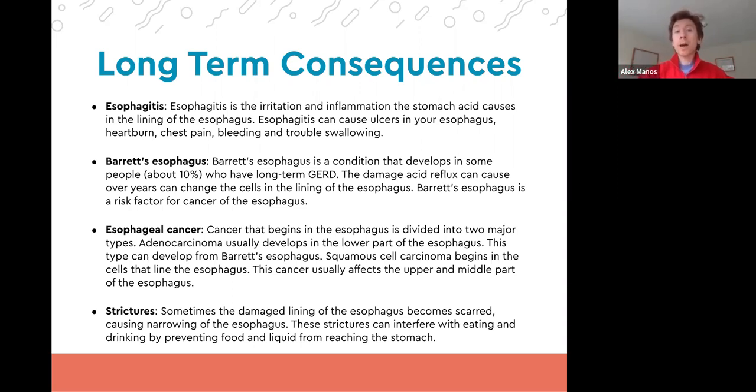There are two different types of cancer of the esophagus. We don't necessarily need to worry too much about this. Essentially, one is higher up and one is lower down. And strictures are the damage that can occur in the esophagus as a result of ongoing GERD and the erosive nature of that acid.